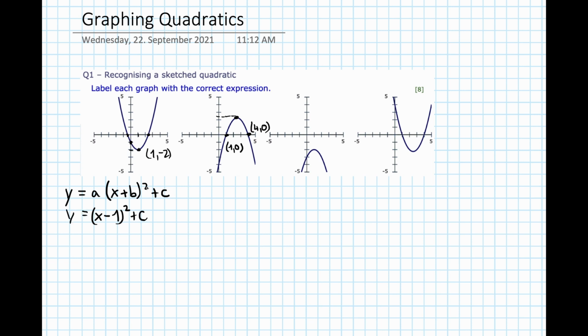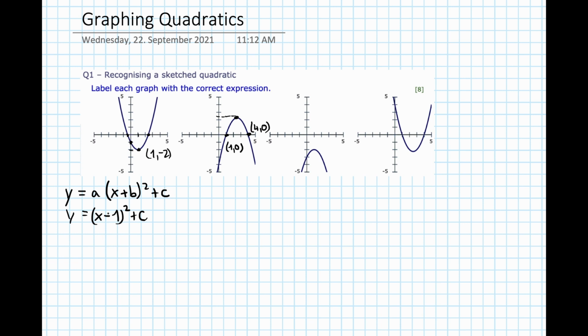The reason for that is, if you plug in 1 for x now, you will get 0 here, and you just end up at y equals c. So if we plug in 1 for the x-coordinate, we should end up at this point, which is our c.